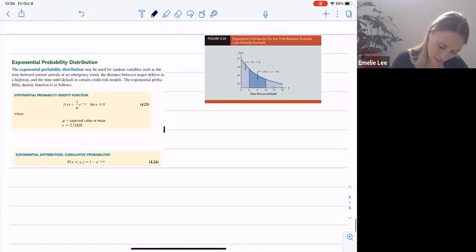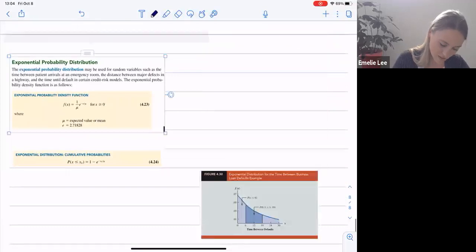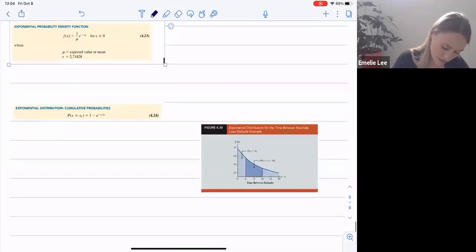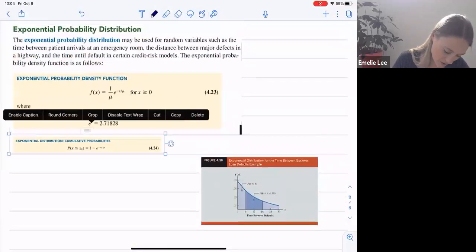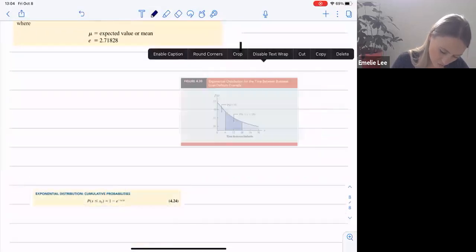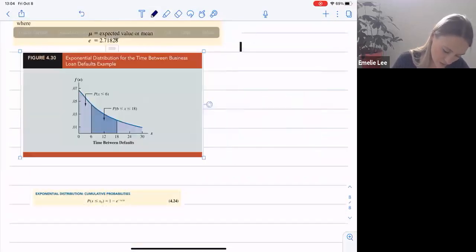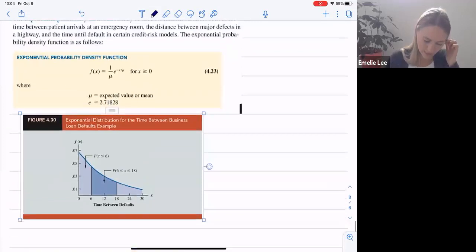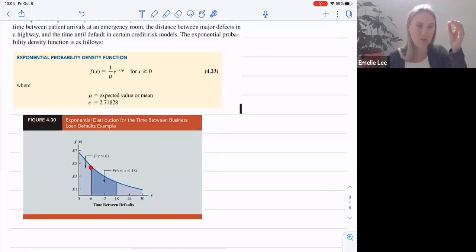But the last distribution that is really common that we would have to use is the exponential distribution. We're going to be talking about the negative exponential specifically. Notice that it's got this downward slope. So when do exponential functions happen like this?